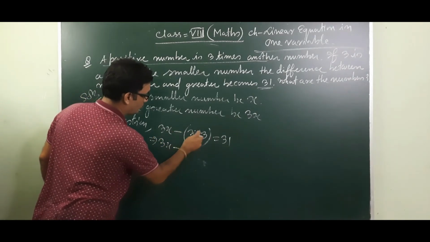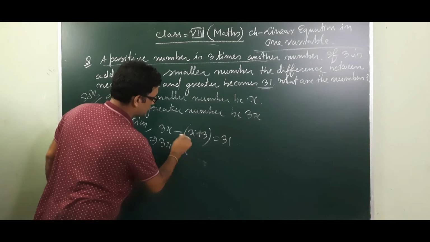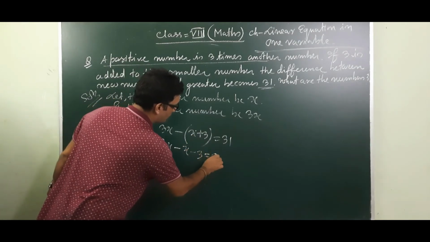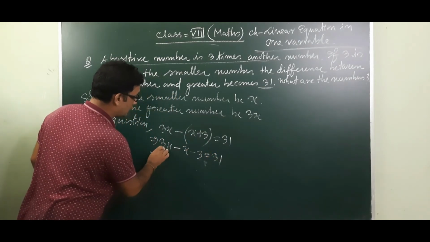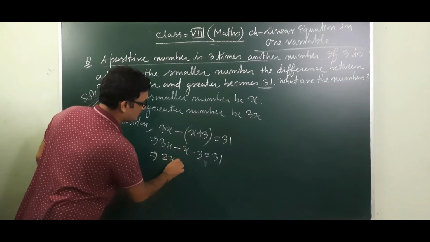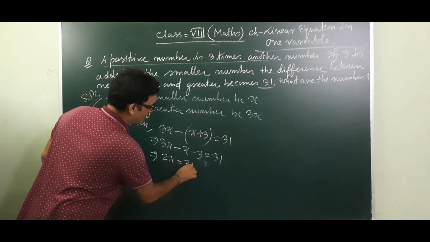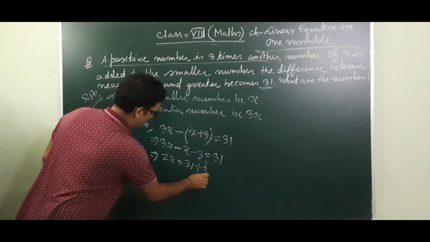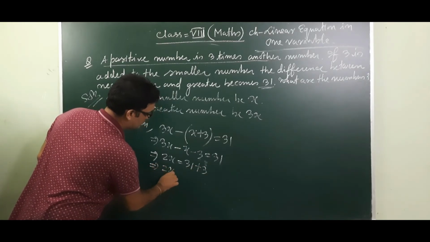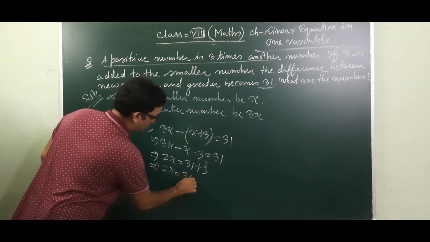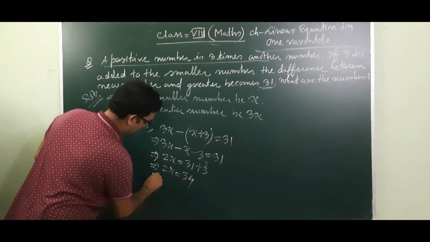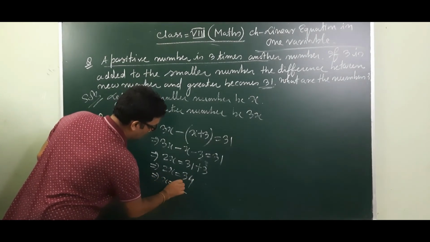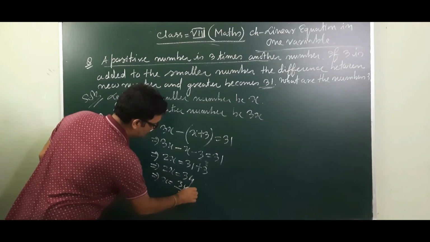3x minus, now we will remove the bracket, x plus into minus, minus 3 equal to 31. Then 3x minus x means twice x. Then 31, this 3 will take that side, plus 3. That means twice x equal to how much? 34. Then x equal to 34 by 2, that means 17.